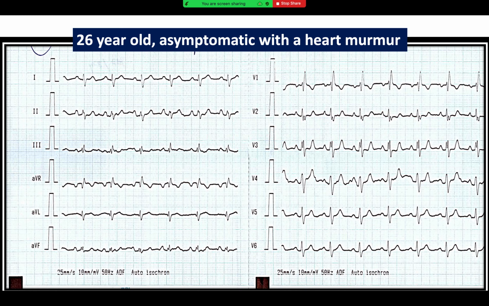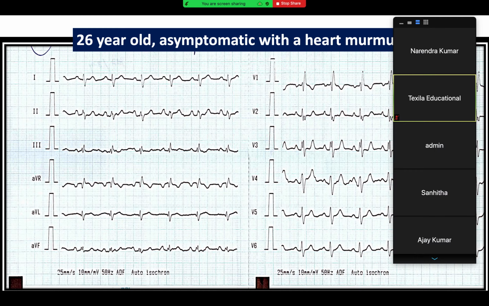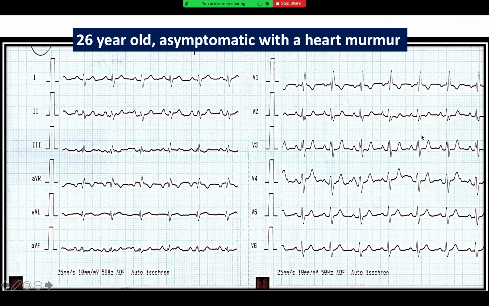So the history is already written for your reference as well. 26-year-old asymptomatic, but once you try to auscultate, you notice there's a heart murmur. So in the ECG, how about the rate and rhythm? Is it a tachycardia? Is it a sinus or not sinus?